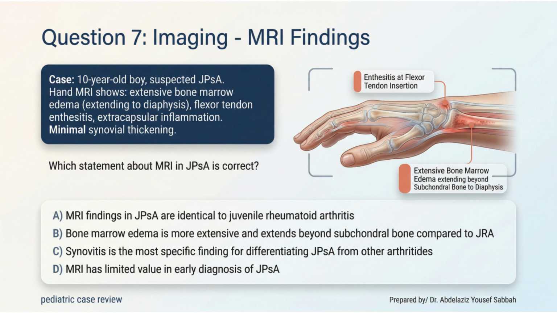Option A. Magnetic resonance imaging findings are identical to juvenile rheumatoid arthritis. Option B. Bone marrow edema is more extensive and extends beyond subchondral bone compared to juvenile rheumatoid arthritis. Option C. Synovitis is the most specific finding for differentiating juvenile psoriatic arthritis from other arthritis. Option D. Magnetic resonance imaging has limited value in early diagnosis.